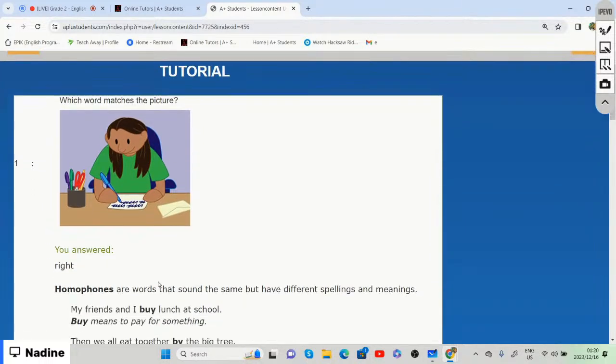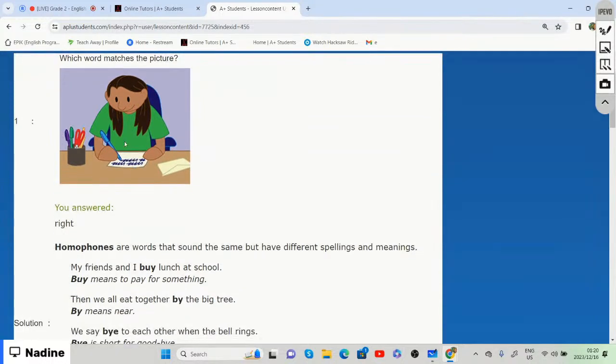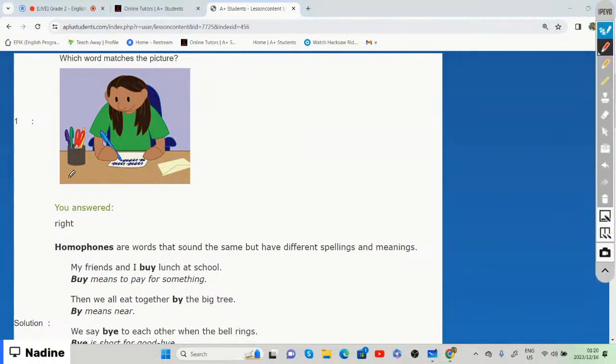So if you look at this girl over here, right, we need to match the picture with the specific word. What is the specific person doing with that letter or the pen? So now we need to choose the correct one. So she write a letter or she right a letter.